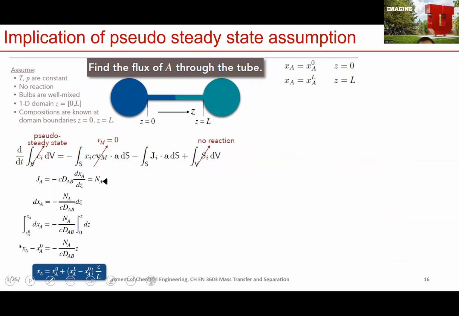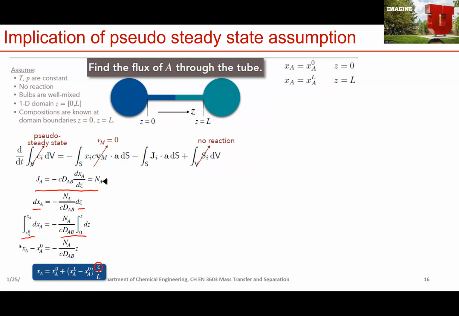Then we can just go to the conclusion. What you do here is separate the variables and integrate both sides of this equation, then eventually you will be able to derive XA, the unknown variable, as a function of Z, okay? And all the other parameters are known.